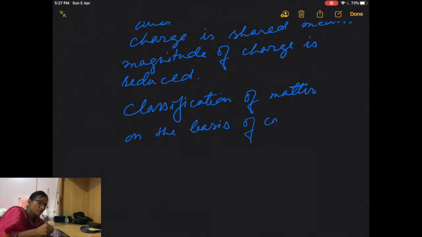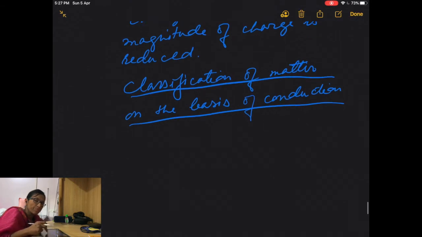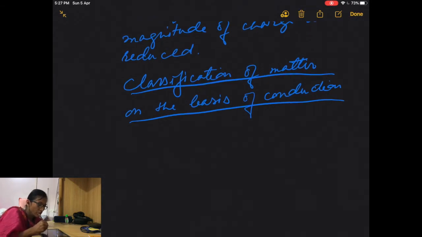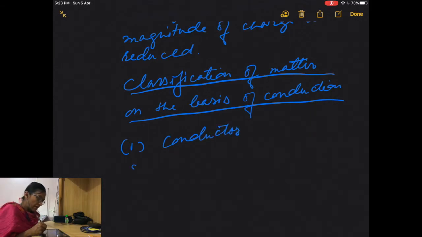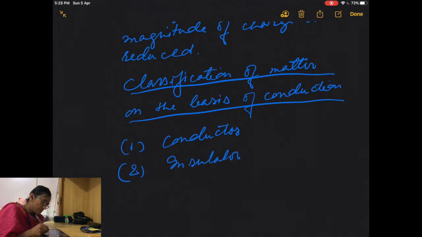There are three kinds. First one is conductor. Second one is insulator. And third one is semiconductor.